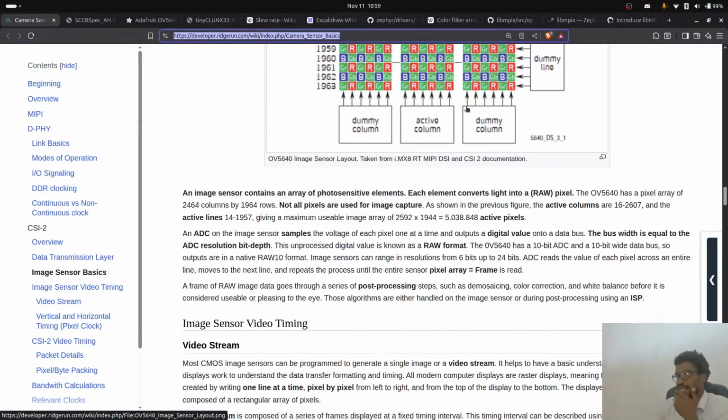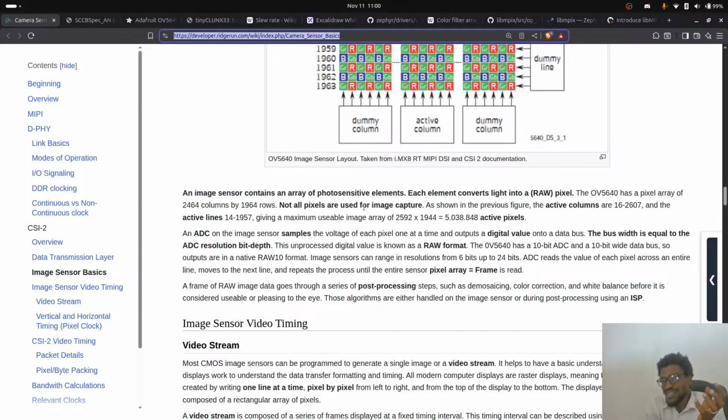Okay, let's read here. An image sensor contains an array of photosensitive elements. There you go, ADCs. Each element converts light into a raw pixel, and the OV5640 has a pixel array of 2464 columns by 1964 lines. Not all pixels are used for image capture. Yes, you also have borders, dark pixels, and reference pixels and such.